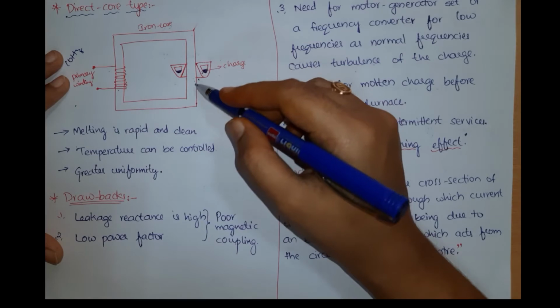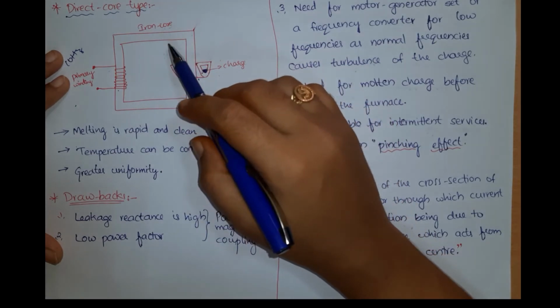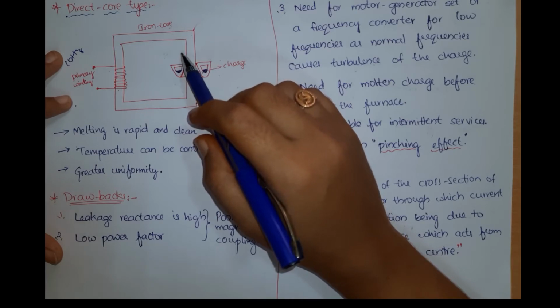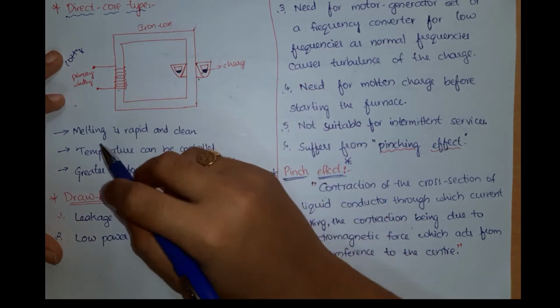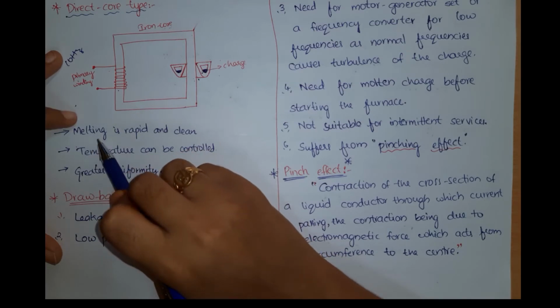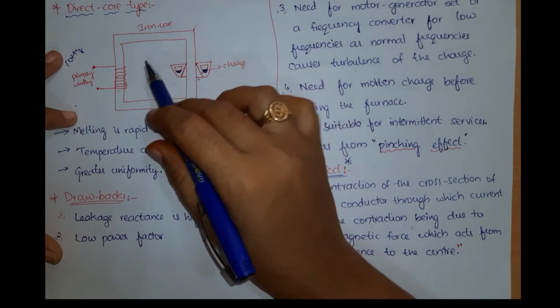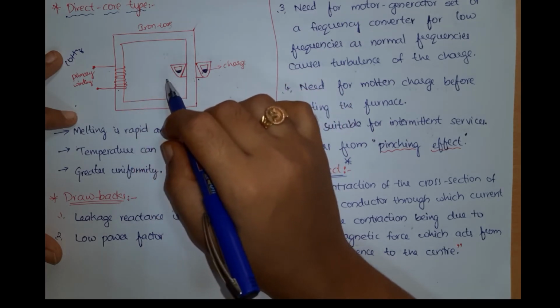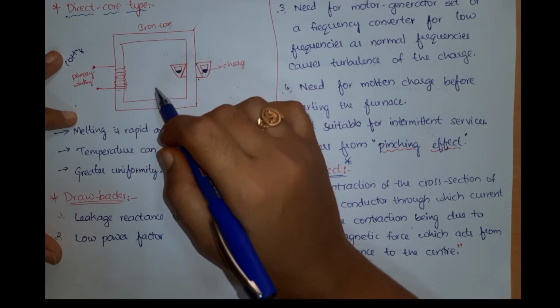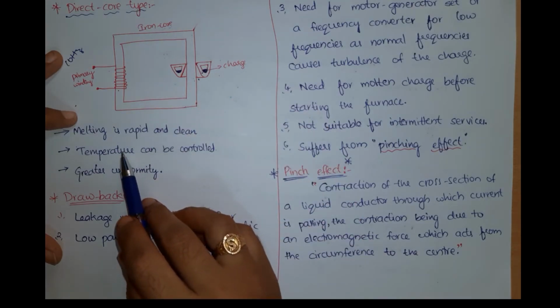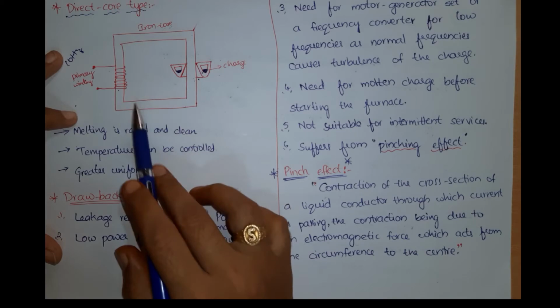Coming to the advantages or features of this direct core type induction heating furnace. The melting is rapid and clean in this type of induction furnace. The charge is capable of accurate control, so we can accurately control the temperature inside this furnace. Why?